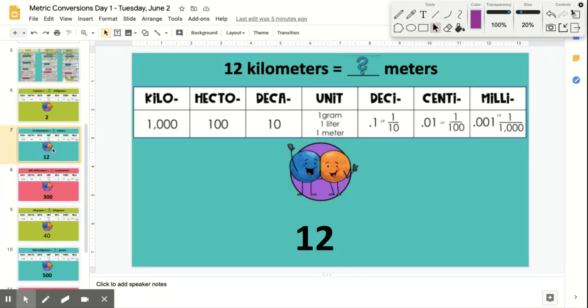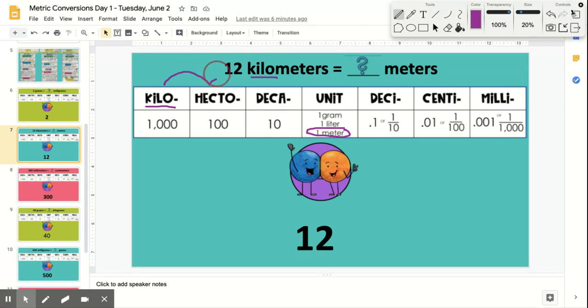Okay, 12 kilometers. So we are going from kilometers, so kilo, right here, to meters, which is the unit. So right there in the middle of the chart, okay? So we're going from the biggest unit to a smaller unit, kilometers to meters.